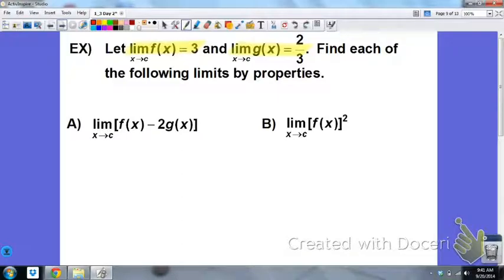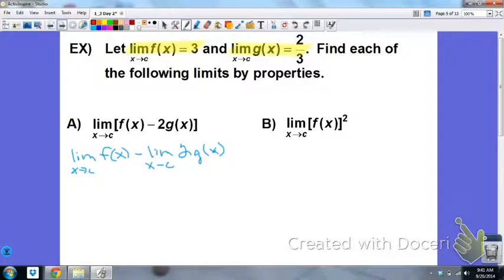minus 2g of x. First thing we can do is we can split these limits apart to be the limit as x approaches c of f of x minus the limit as x approaches c of 2 times g of x.